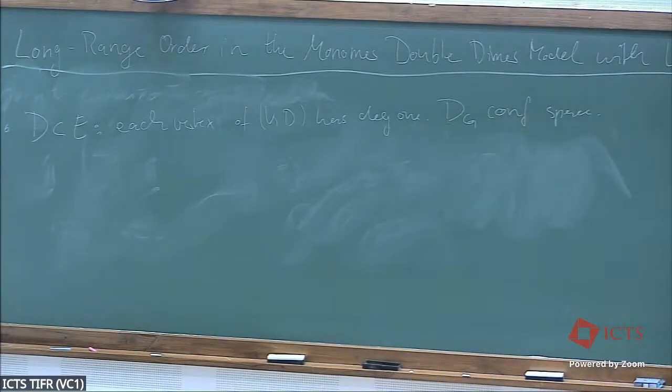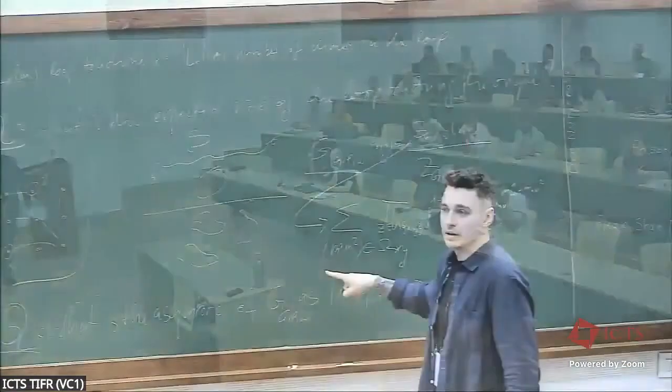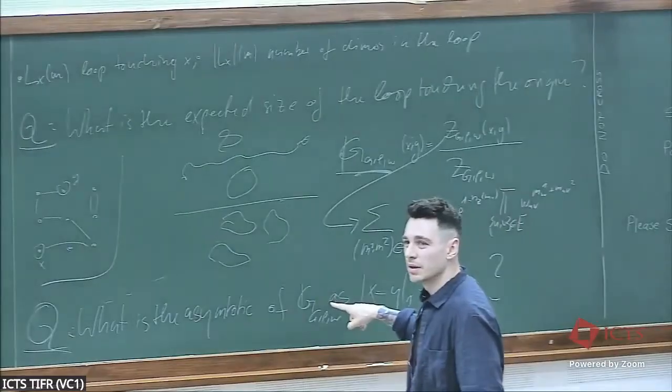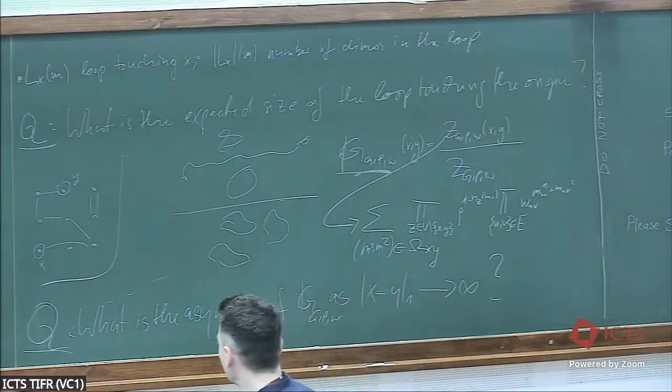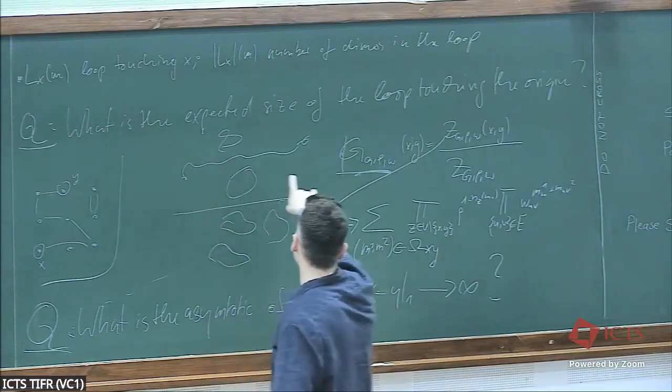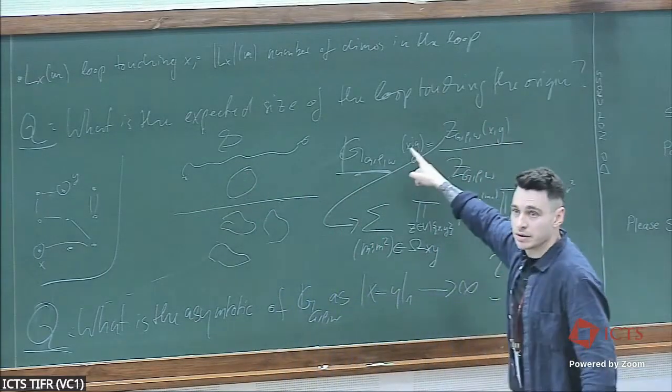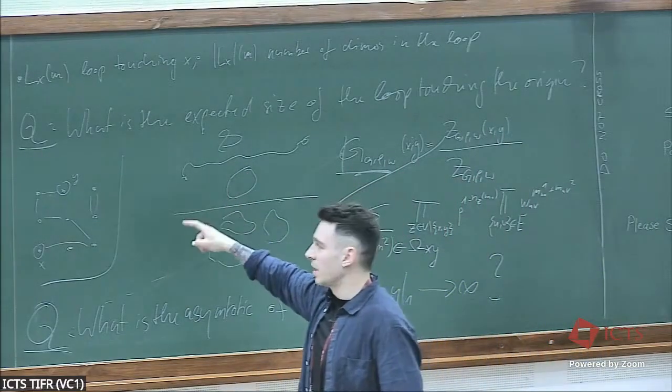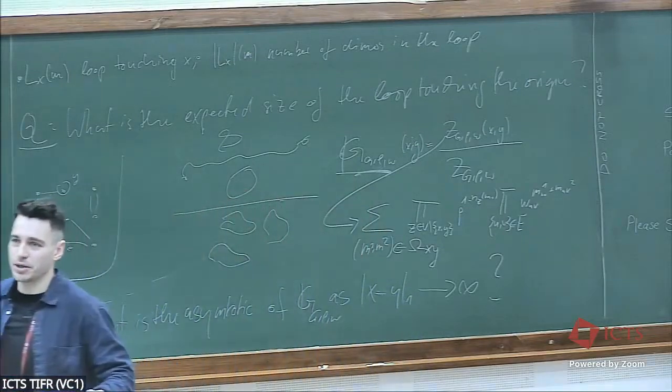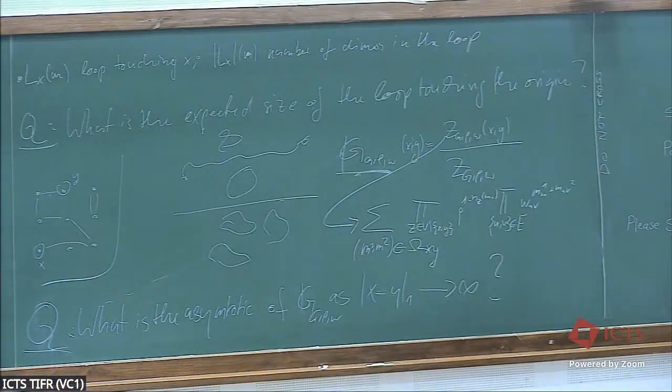Sorry, I was a bit... What is the expected size of the loop touching the origin? Okay, you define a special vertex to be the origin. So you can take any vertex you like. What is the norm of x minus y?